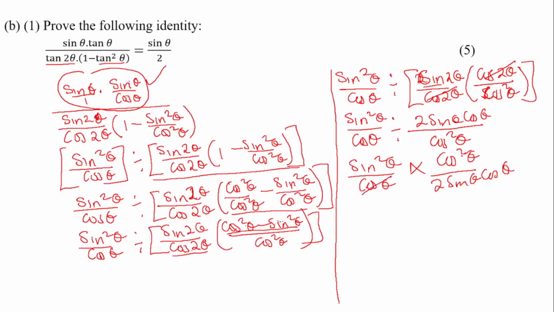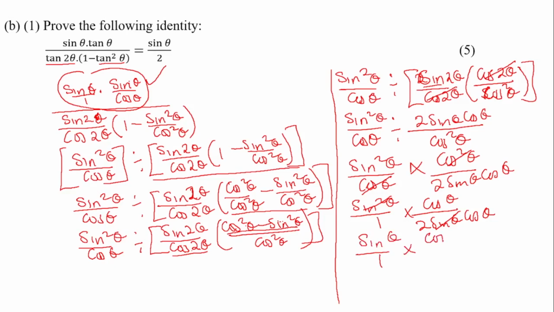Cos theta into cos squared theta will remain with sine squared theta over 1 times cos theta over 2 sine theta cos theta. Then sine theta into sine squared theta will remain with sine theta over 1 times cos theta over 2 cos theta.